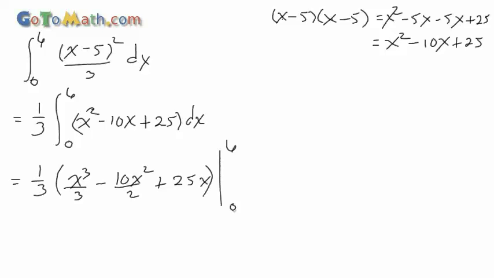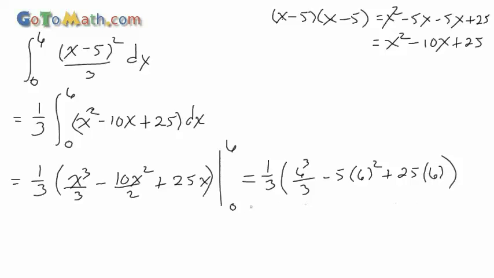It's nice to work with 0 because when we plug 0 in, everything's 0. Now we can go ahead and just plug the 6 in. We're not going to invite 1/3 to the party. 2 goes into 10 5 times, so that becomes 6 squared, 5 times 6 squared, plus 25 times 6.